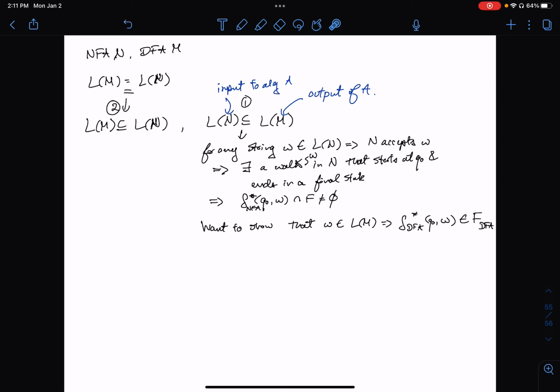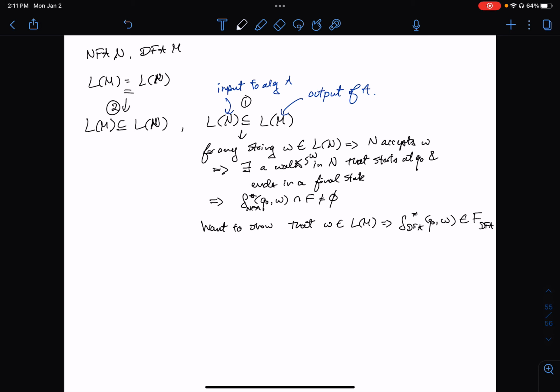Your conversion algorithm was taking all the possible choices and making them explicit. And so because in one of the possibilities your string does reach the final state, that possibility has been encoded explicitly in the DFA. And so you will reach a final state because the existence in the NFA is explicitly materialized in the DFA. Okay, so that would be the general idea of the argument.